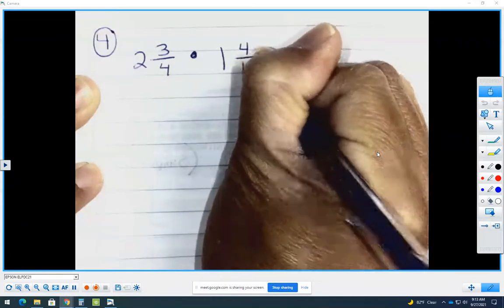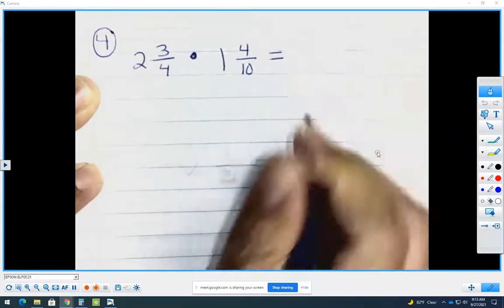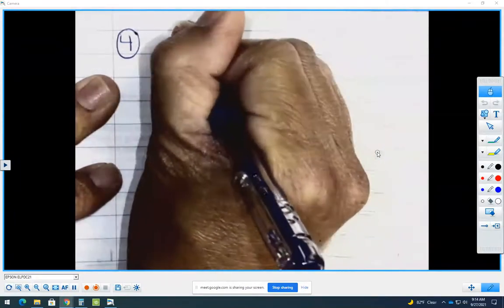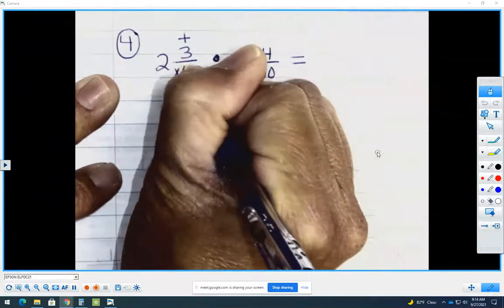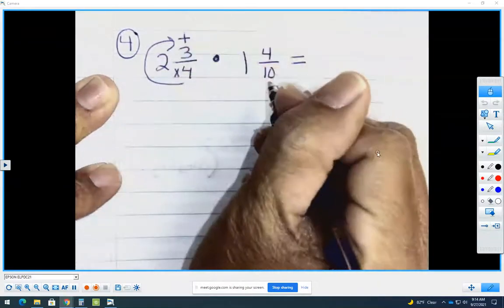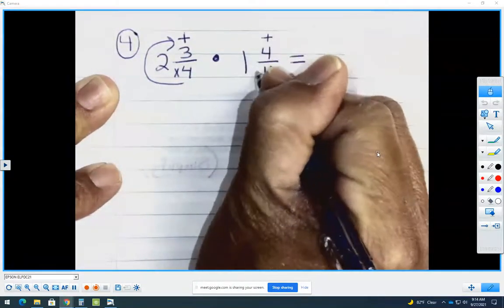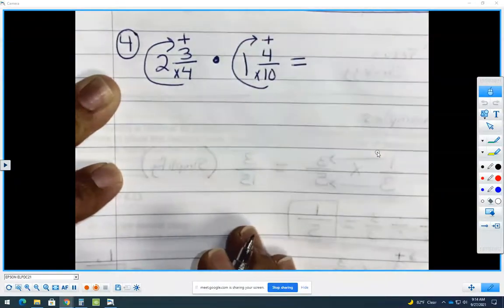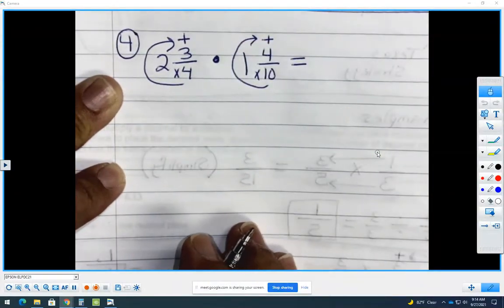Both are not ready. They're mixed number times mixed number, so we're going to take care of that. So the TX strategy, TX around the world. I live in Texas, TX, and then we're going around the world.